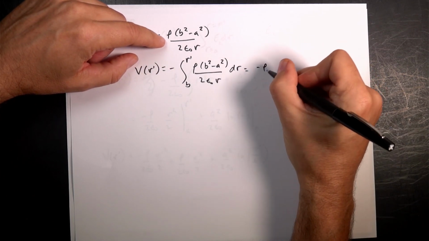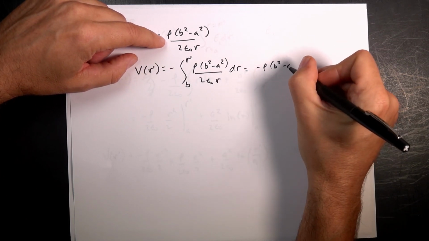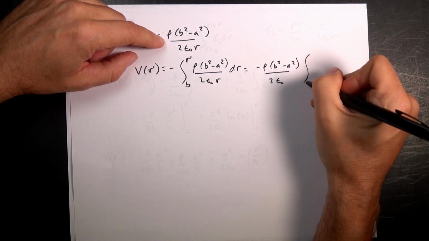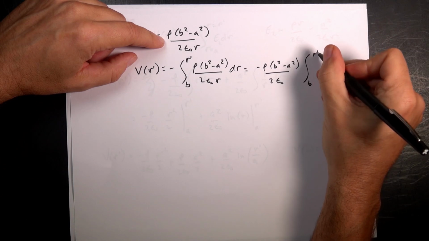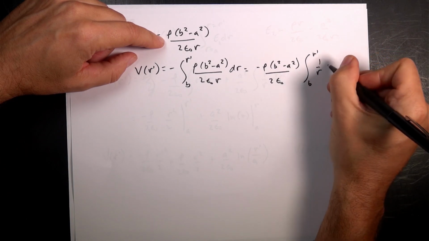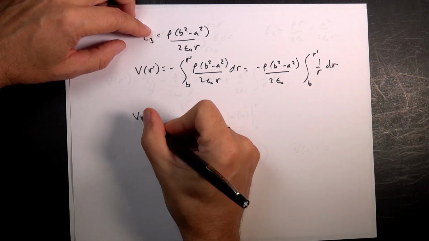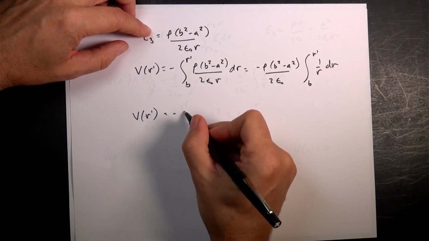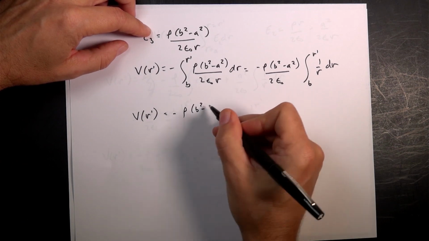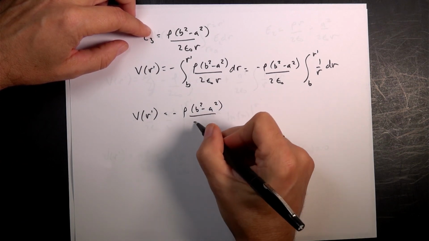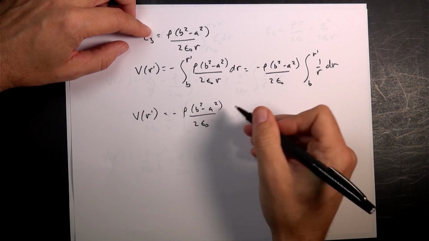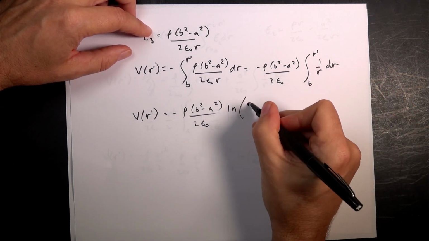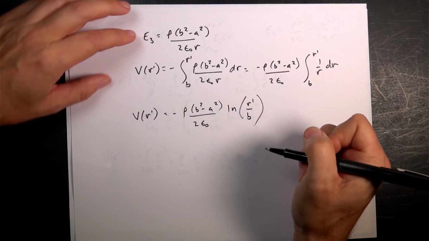I get negative rho b squared minus a squared over 2 epsilon naught, integral from b to r prime of 1 over r dr. So that's not too bad. V of r prime is going to be equal to negative rho b squared minus a squared over 2 epsilon naught, natural log, and now let's just go ahead and evaluate this, natural log of r prime over b.